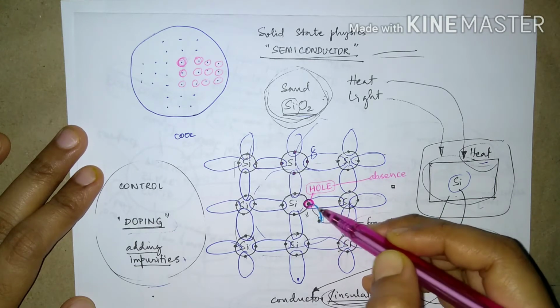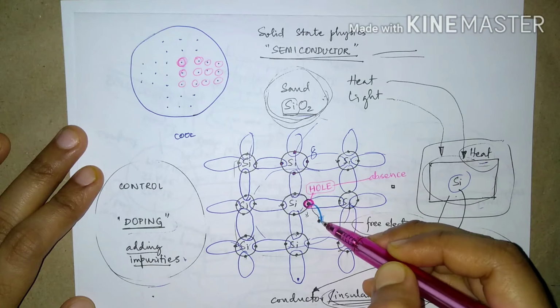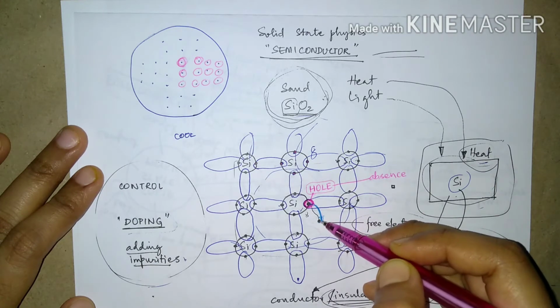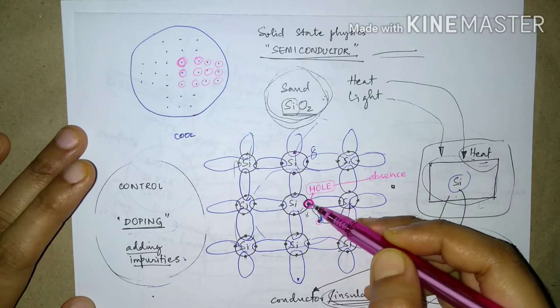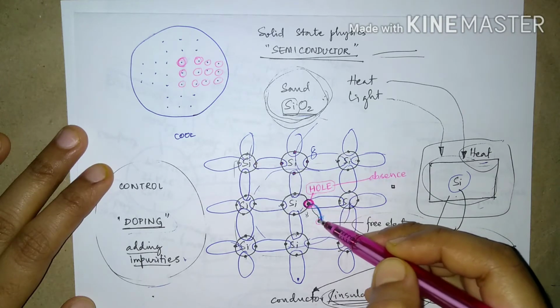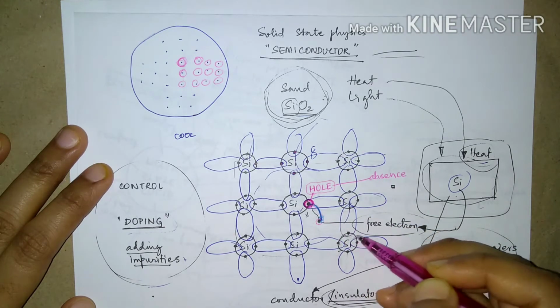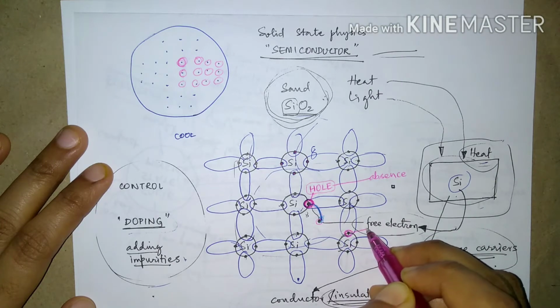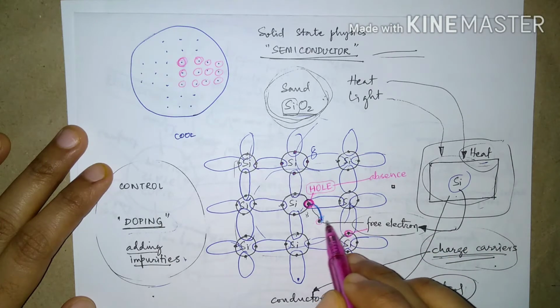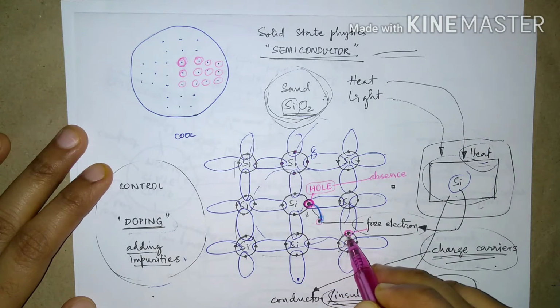So as soon as the electron comes out of this orbit, it becomes free, and in the process of coming out of an orbit, it may lose its energy and go back, or it may hit some other electron, and this electron may come out of its orbit and go and sit into this hole.